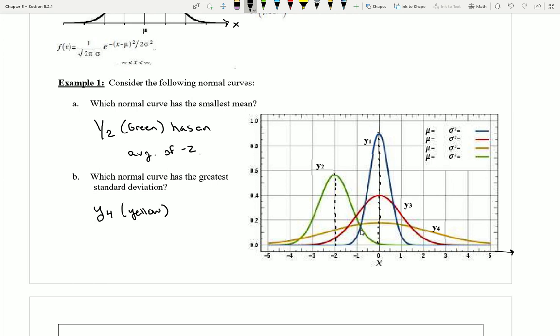Could you tell which one has the smallest? Well, if you answered Y1, you'd be correct, because Y1 is the skinniest and tallest distribution out there. So again, all of these are normal distributions, just with different averages and standard deviations. In the next video, we'll take a look at how we can actually compute some probabilities using normal distributions.